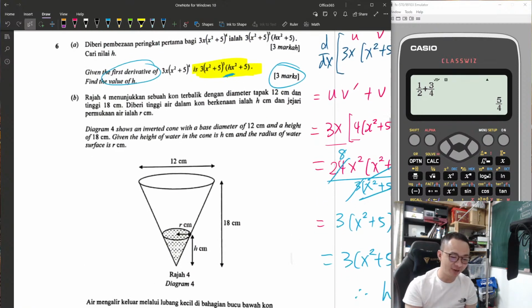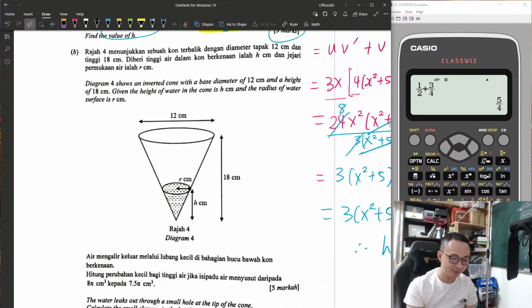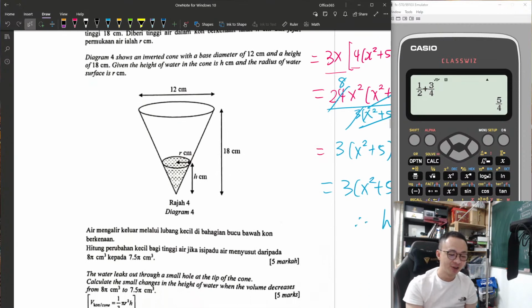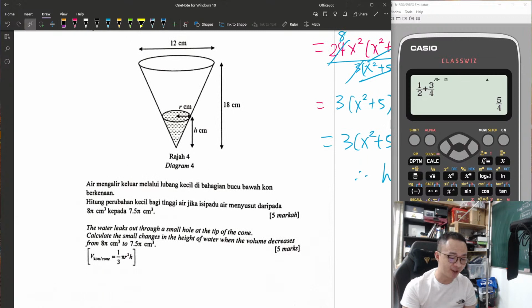Okay, let's continue to the next one. I hope B is not related. So B is the diagram 4, actually showing an inverted cone with the base diameter 12 centimeter and height 18. So given that the height of the water in the cone is h centimeter and the radius of the water is r. Everything is stated in the diagram already.